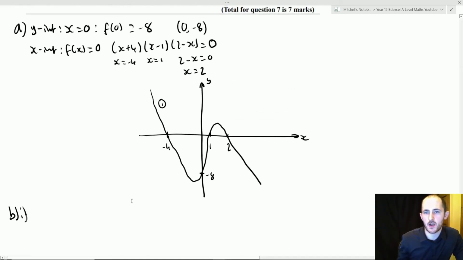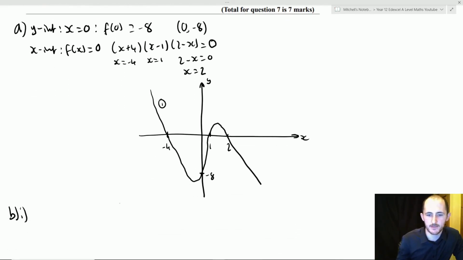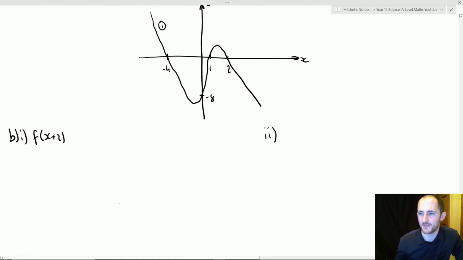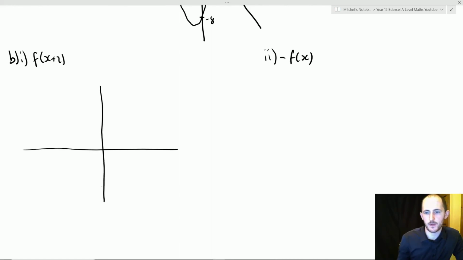the 2 equations are f of x plus 2 and minus f of x. Minus f of x. I think I'm going senile. My memory is poor. Okay. So, sketching this, nice and easy. Oh, hang on, there is actually one thing I forgot to do.